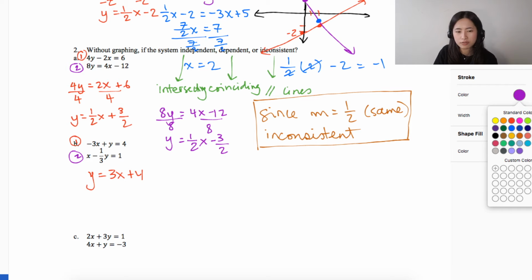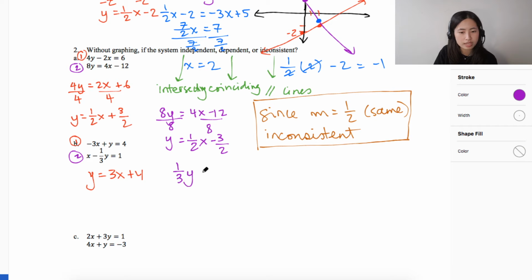And then on the other hand, if you have the second equation, you would have 1/3y, and this is equal to, when you move y to the opposite side, positive 1/3 x minus 1. Dividing both sides by 1/3, you would get y is equal to 3x, and it's going to be minus 3.